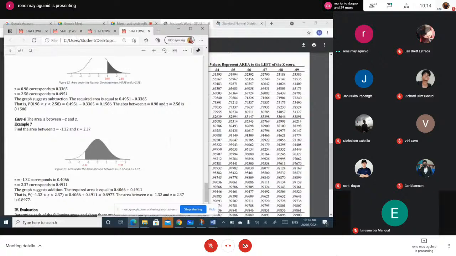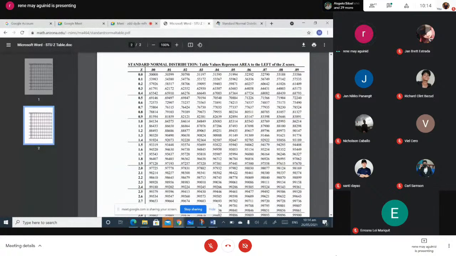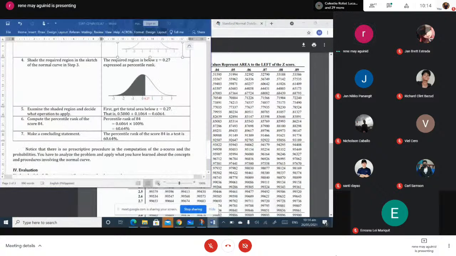Wait, sorry. Looking at 0.27 in the table, 0.27 is 0.6064. So you have 60.64% if you convert that into a percentage.